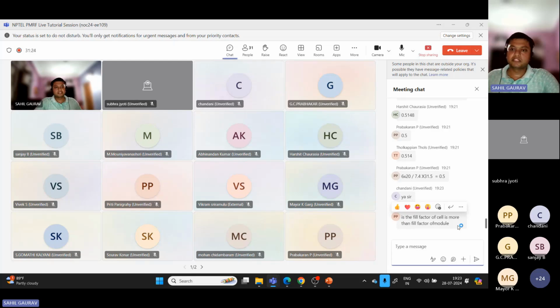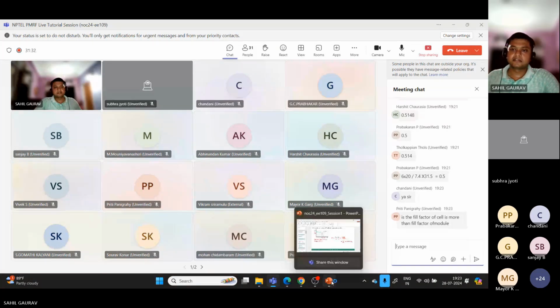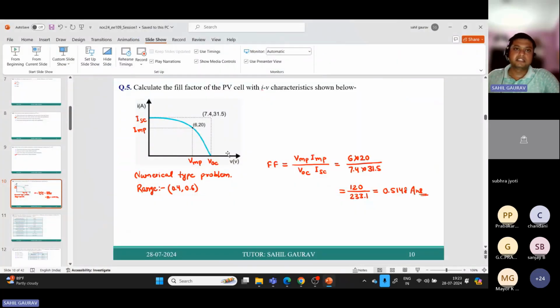So, if the fill factor of the cell is more than the fill factor of the module, in my understanding, if we have a PV module with a series-parallel combination of PV cells, then the open circuit voltage comes as the summation over the series combination of the PV cells, and the short circuit current depends on the parallel strings that the PV module has.